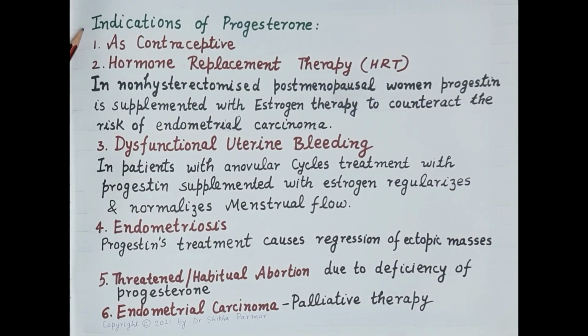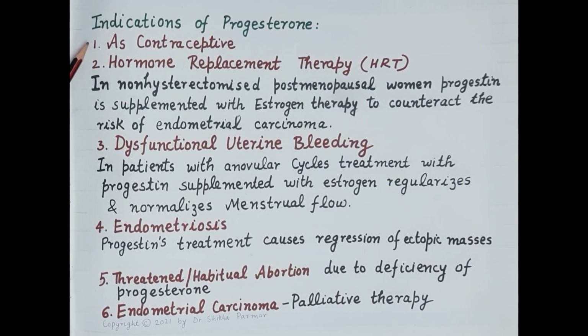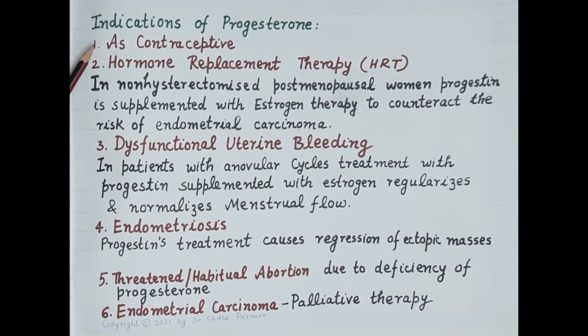Now, after discussing physiological actions of progesterone, let's talk about the uses or indications of progesterone. Now, first, use as contraceptive. Now, 19-nor testosterone derivatives are potent progestins, and they are used primarily in contraceptive pills, either alone or in combination with estrogen.